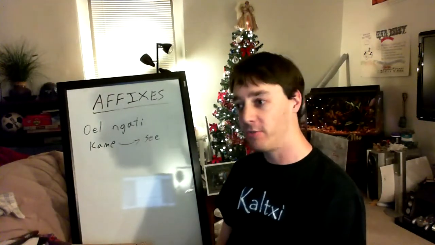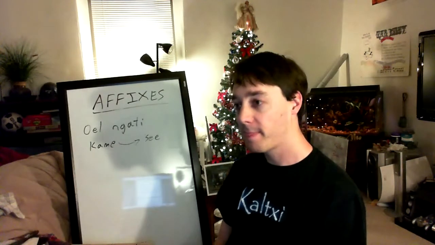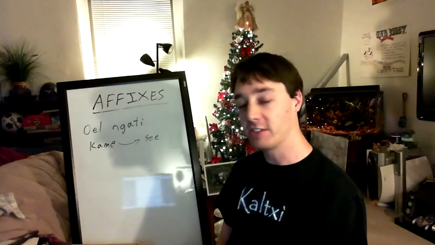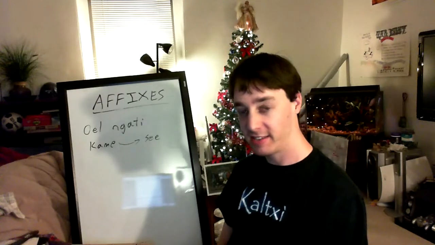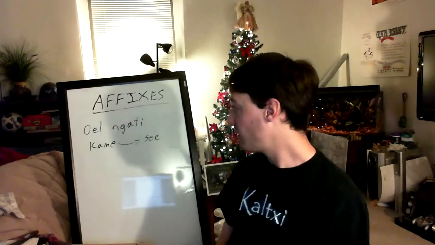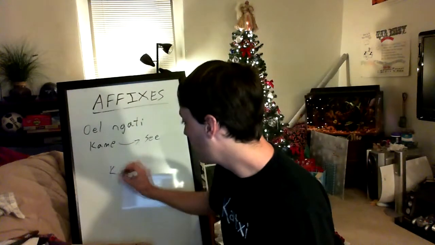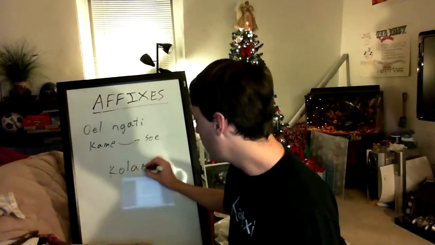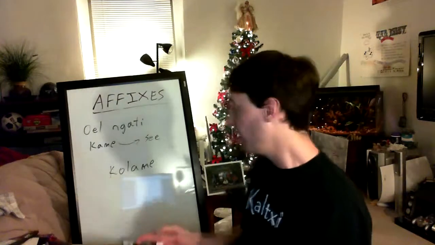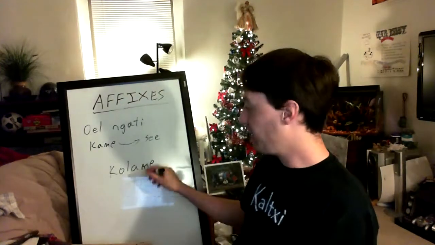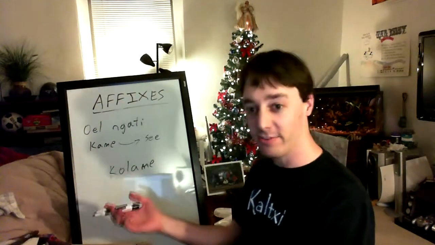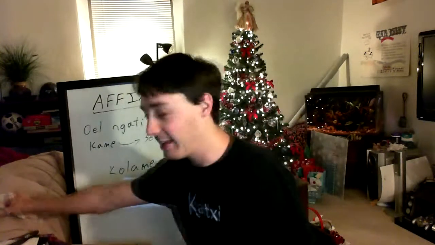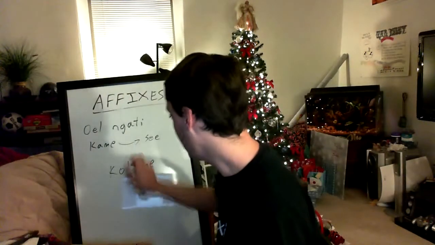So we could do this two ways. We could just denote the aspect and leave the tense up to implication. So that would be "kolame." And so this would say I saw you, and I'm done talking. I have nothing more to say about this.